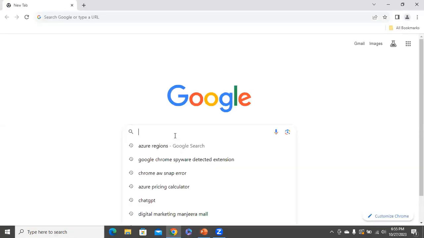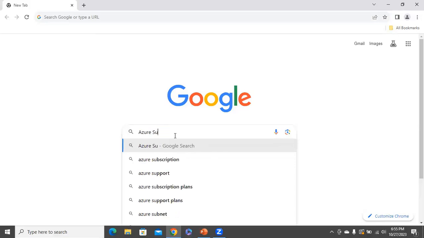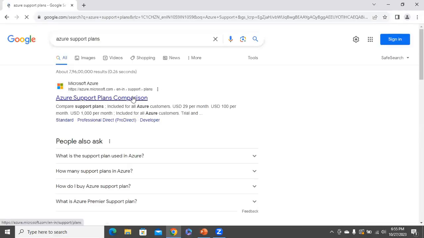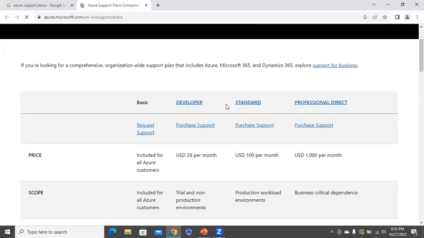Microsoft has various Azure support plans. We see a basic plan, a developer plan, a standard plan, and professional direct.